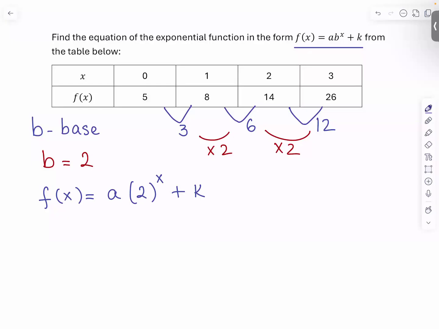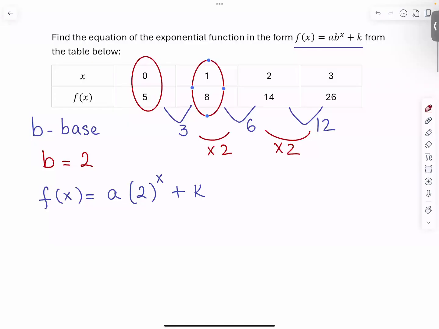Now we're gonna take any 2 points from the table, one x, one y, for example 0 and 5, then another x and another y, 1 and 8.